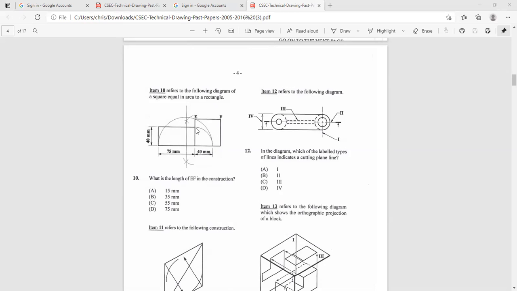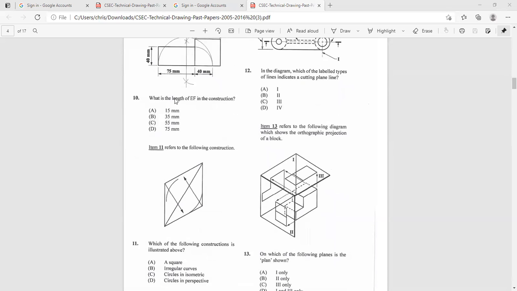If here is 40, from here to here is 40, from here to here is 40, then the most realistic one would be 55. It could not be 35 because 35 is less than that. Could not be 75, so the only realistic one is 55. Practical one.